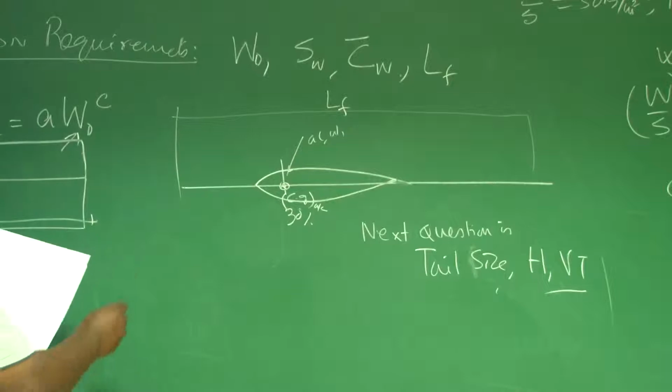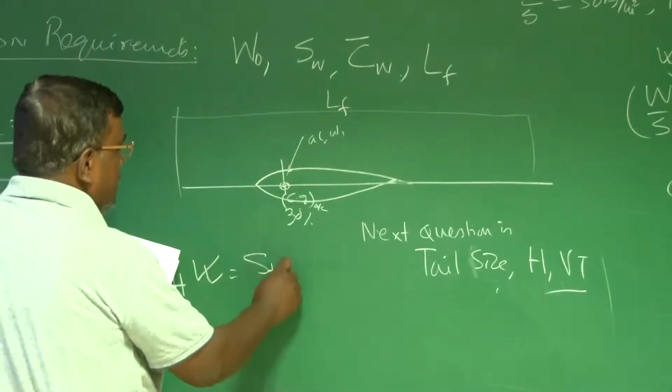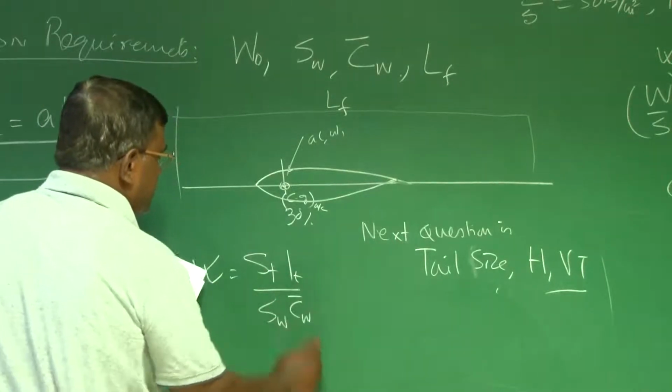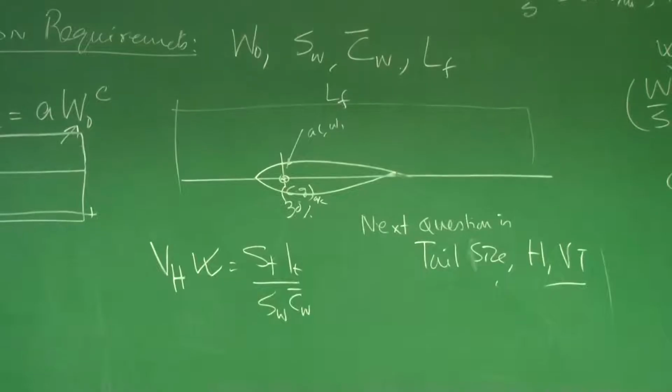some guideline where we all know by understanding physics the tail volume ratio, which is St LT by SW and C bar, that plays a very, very important role.